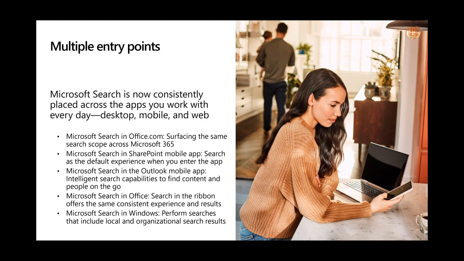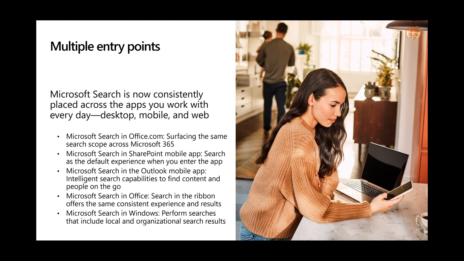So it's consistently placed across those applications that you use and work with every day. So if you're in Windows 10 and you're searching via the desktop, or you're on your mobile device, or you're on the web, we're going to surface a consistent set of search results, all backed by the power of Microsoft Search. So Microsoft Search in Office.com surfaces the same search scope across all of Microsoft 365.